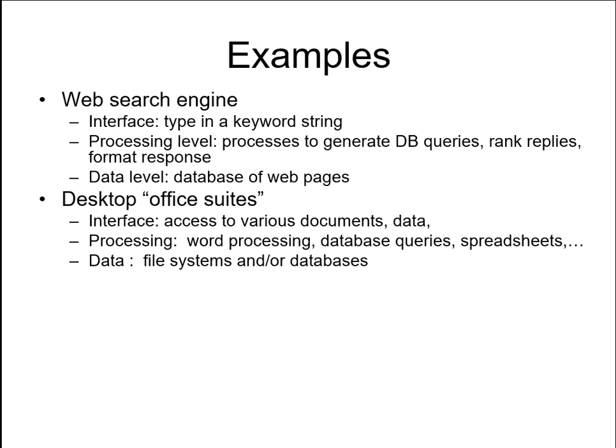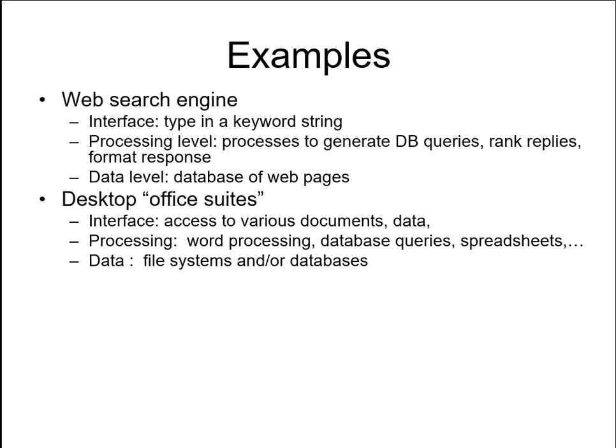Example, our web search engine. The interface provides a place to type in key strings. So you type a key string. The processing level processes it to generate DB queries. So on the processing level, you take the request and then process it through DB queries, rank replies, and format responses, and the data level is the database of web pages.